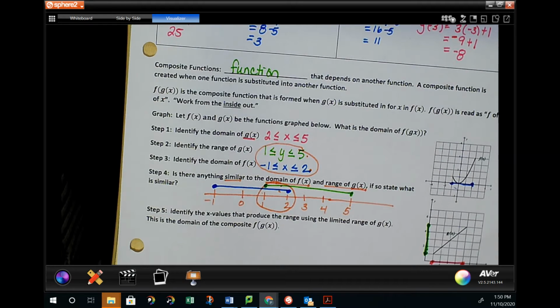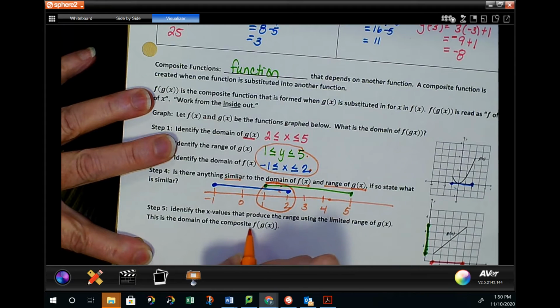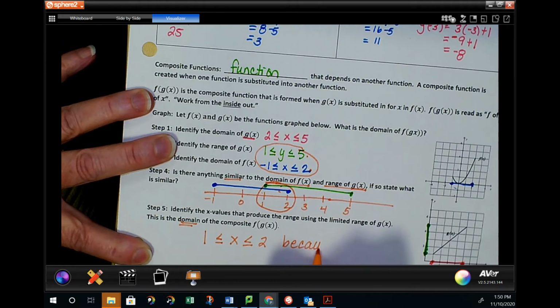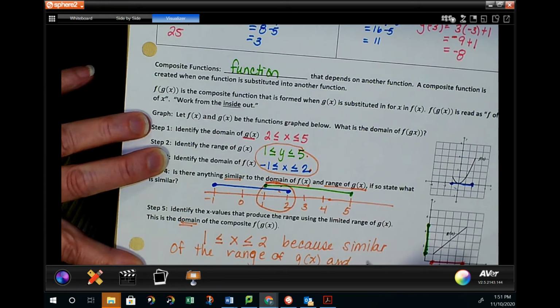So the domain of that composite is going to go from 1, this is asking for the domain, so that's an x, to 2, because that is the similar part of the range of g of x and the domain of f of x.